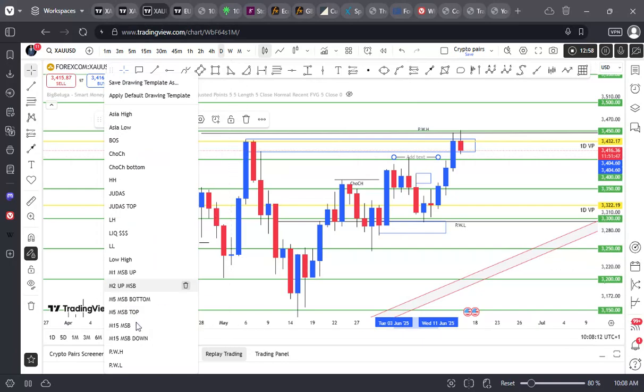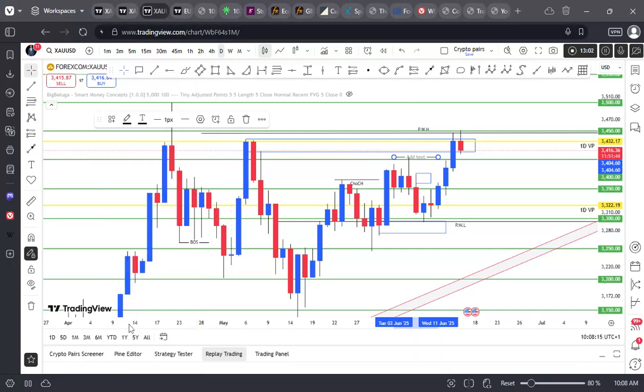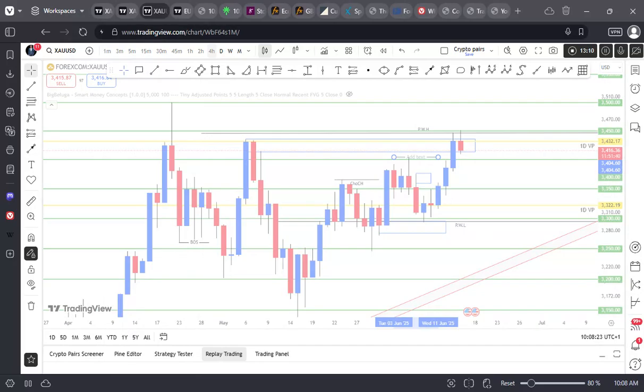Okay, so we use the MSB over here. Good. So we then go to the 4 hours time frame, which is now loading.